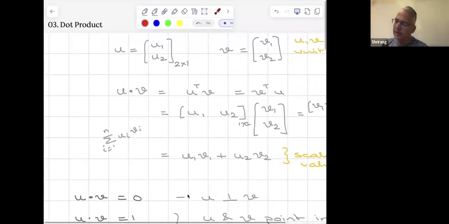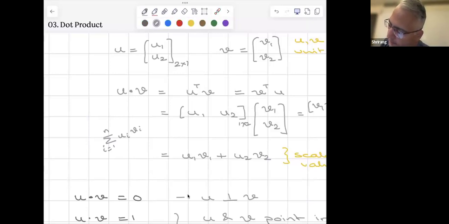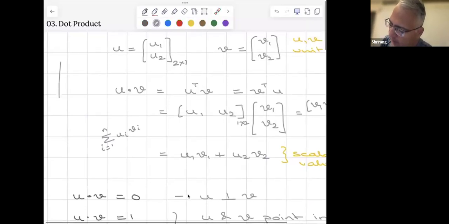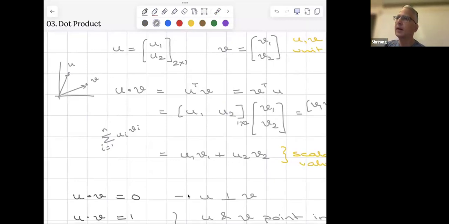And very importantly, remember what was a vector? It was a point, in this case, in two-dimensional space. So if this is my space, let's say this is U and this is V, and these are my vectors, right?